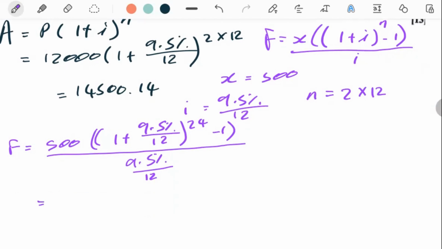Okay, let's see here what we get in the calculator. We have 500, and then we have 1 plus 9.5% over 12, and then this is to the power of 24 minus 1, and then this is also 9.5% over 12 as the denominator.